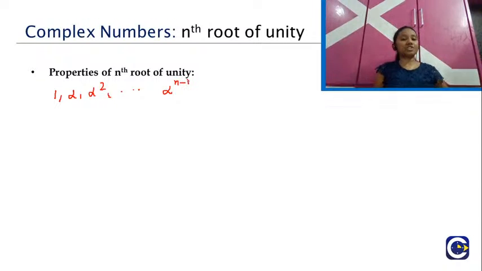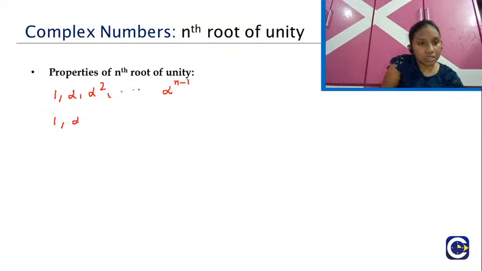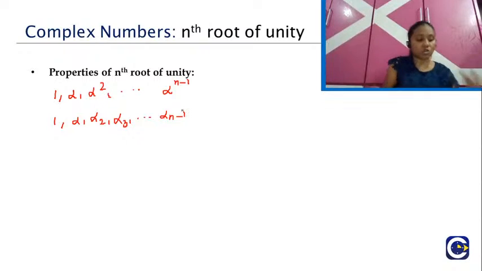As I mentioned, in some cases in general format we even write this to be 1, alpha subscript 1, alpha subscript 2, alpha subscript 3 and so on, alpha subscript n minus 1. There is no difference, both are actually the same. Now what are we going to find? The sum of the roots.